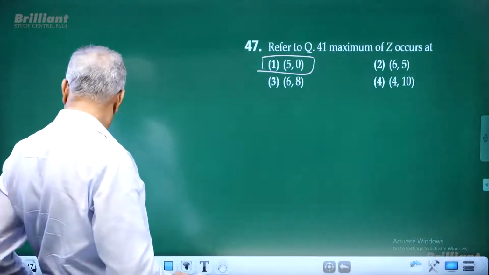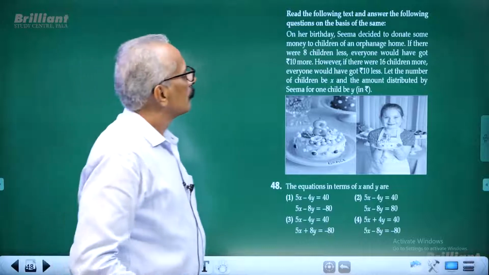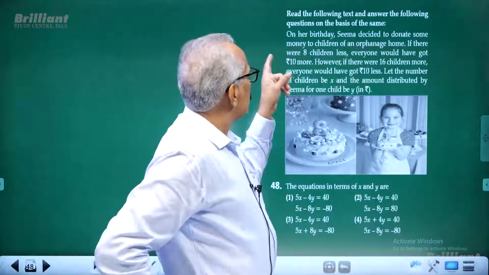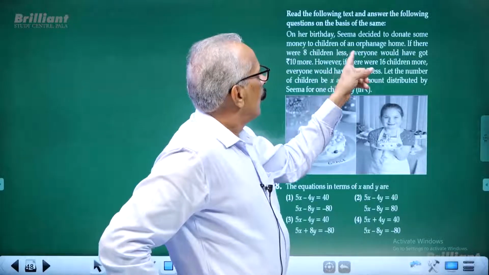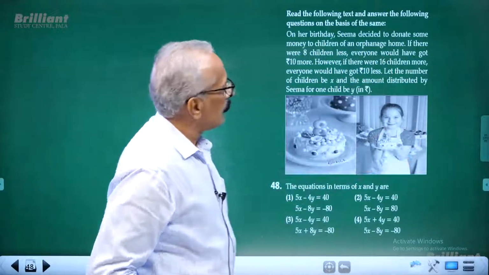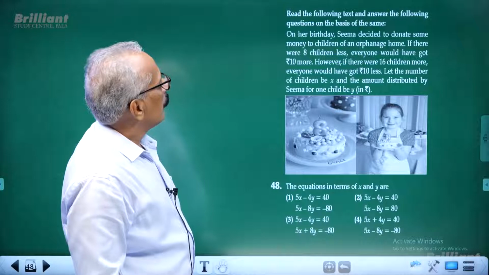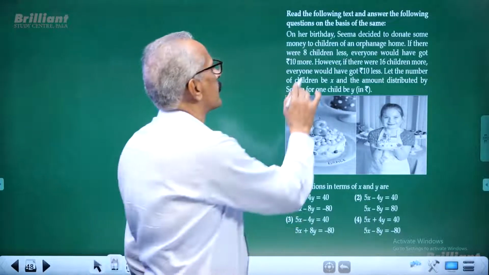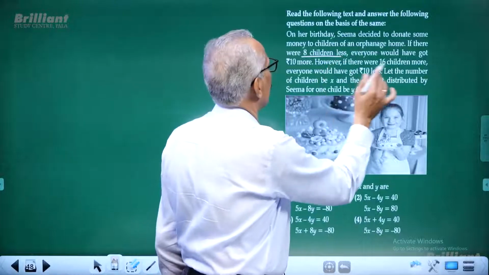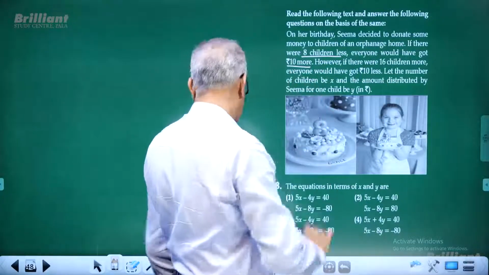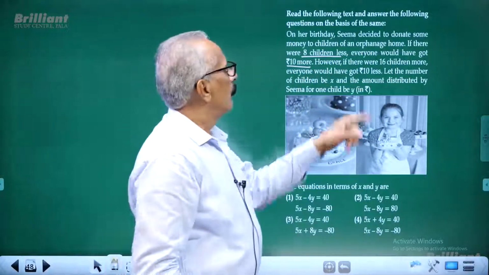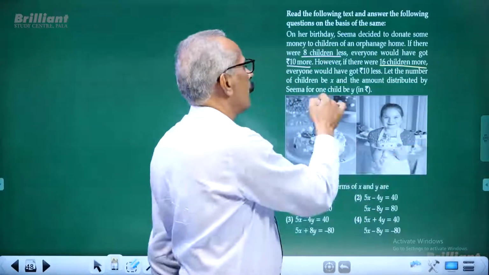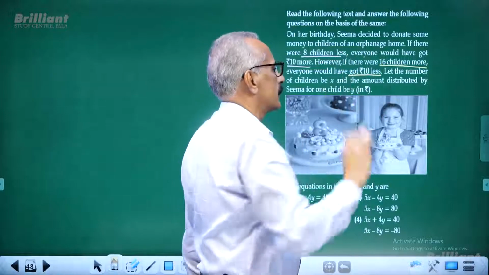Now on to 48. On her birthday, Seema decided to donate some money to children of an orphanage home. If there were 8 children less, everyone would have got 10 rupees more. However, if there were 16 children more, everyone would have got 10 rupees less.